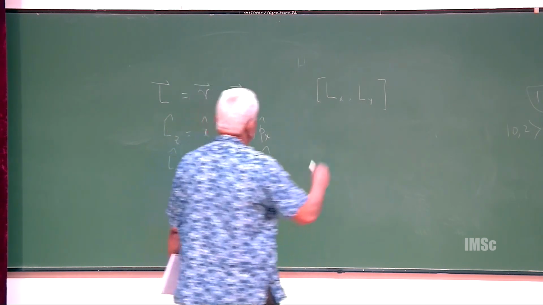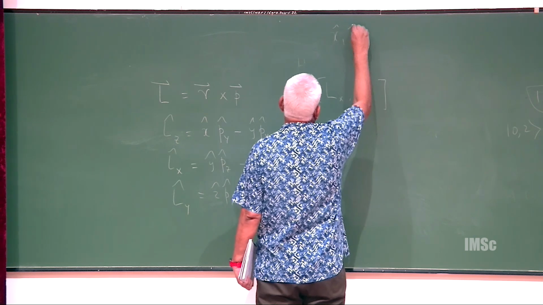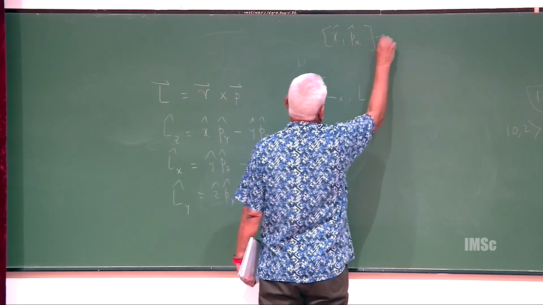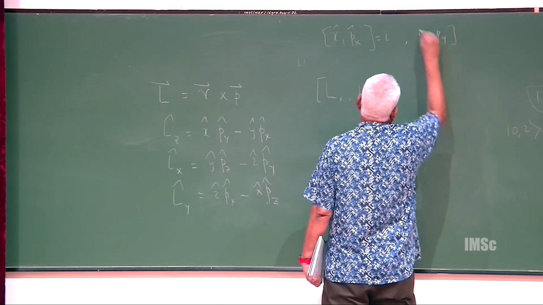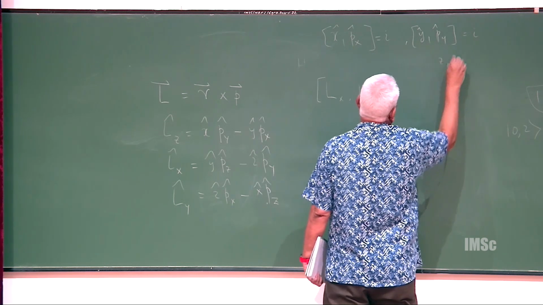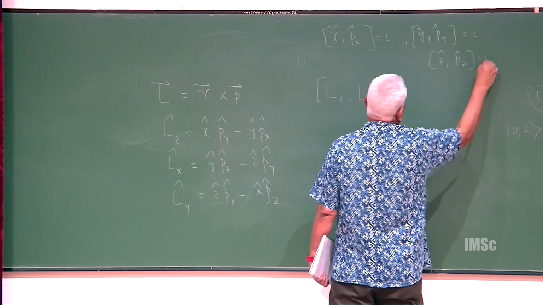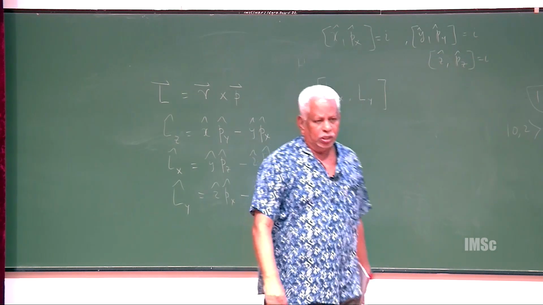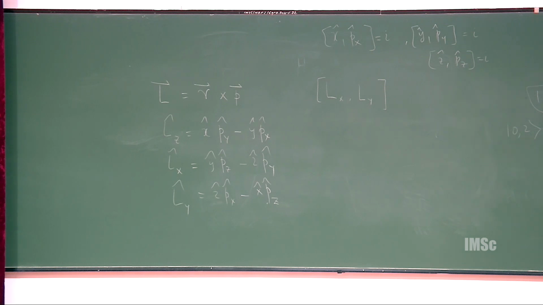You know the relation: x px commutator is i, y py is also i, z pz is also i. The rest of the combinations are 0, right?